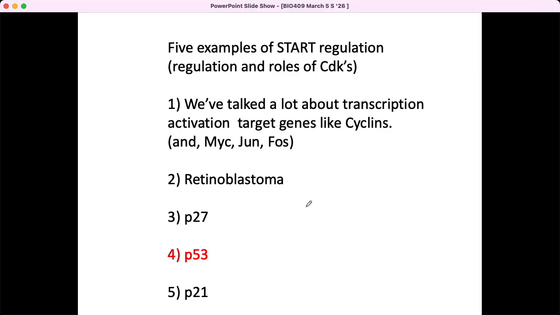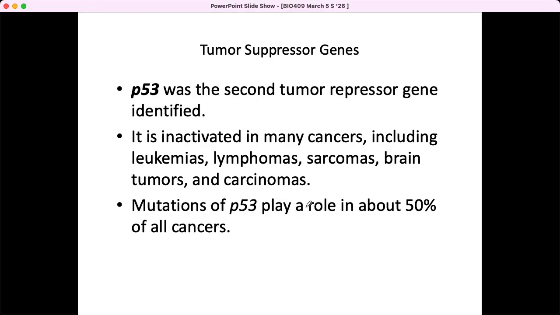And so P53 is a big protein, and what does P53 do? We're going to see that the P53 story fits together with that one, so the last ones are going to be kind of paired together. P53 was the second tumor suppressor gene identified. The first one was retinoblastoma.